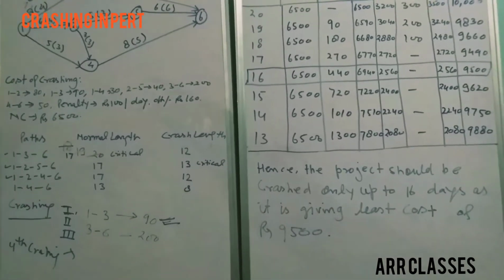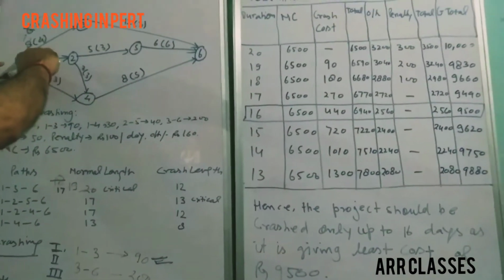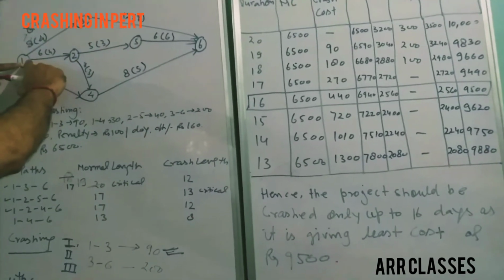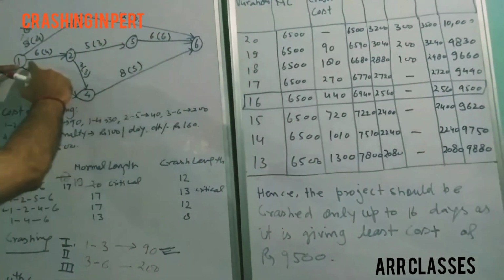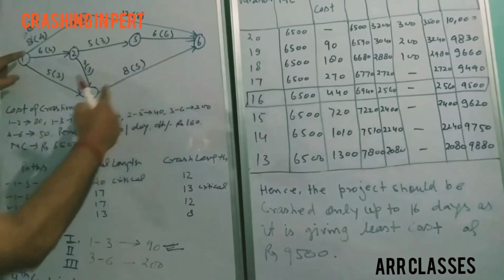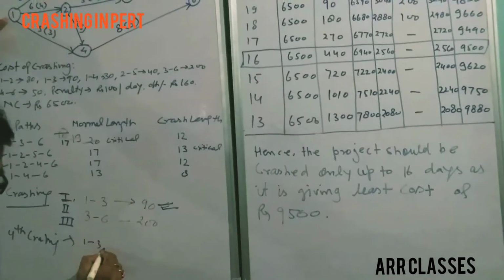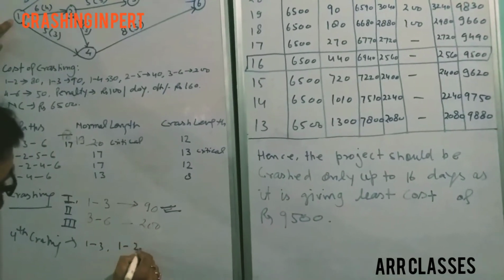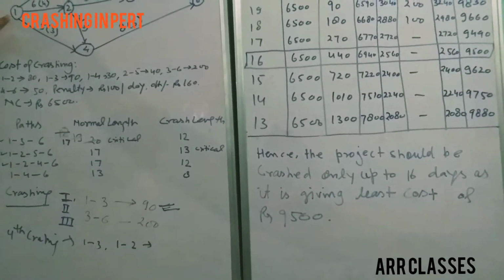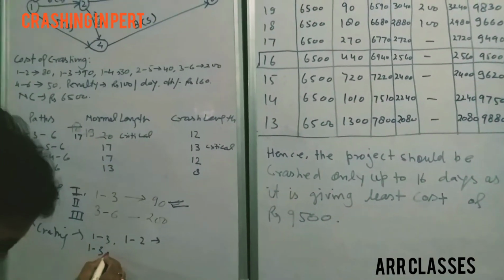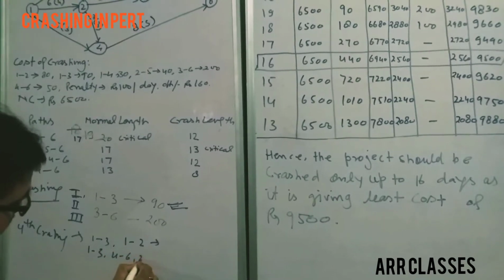Say for example, one combination is, if we take it from this path, 1 to 3, and then the rest 2 paths are 1 to 2 to 5 to 6 and 1 to 2 4 to 5. That is, 1 to 2 is common. So one combination is 1 to 3 and 1 to 2. Another combination is 1 to 3, 4 to 6 and 2 to 5.